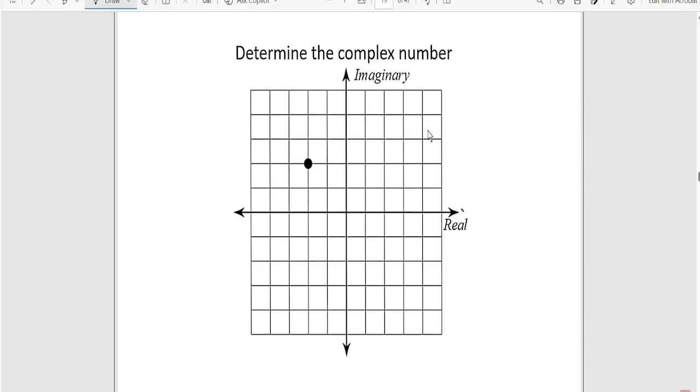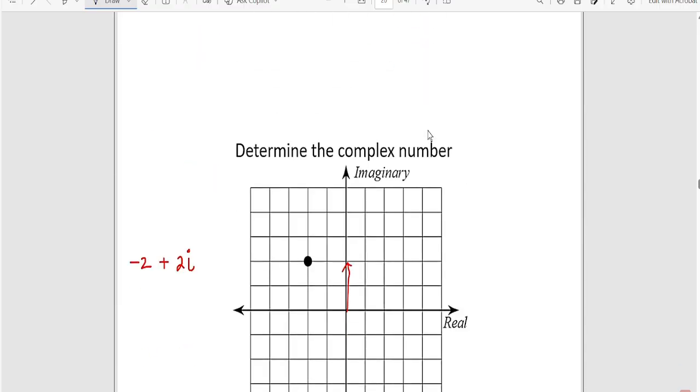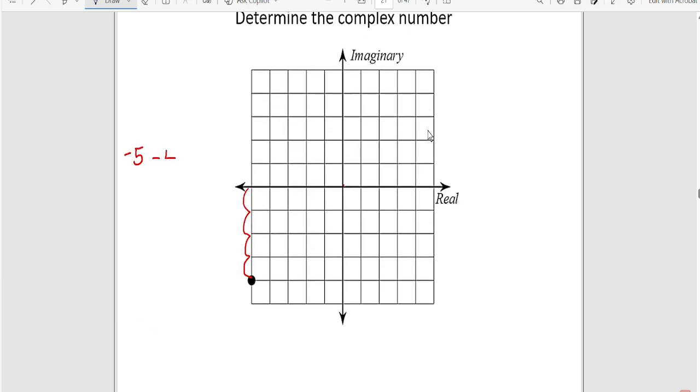Now for this, let's say we have to determine the complex number. So x is, as you can see, towards the negative real numbers. So negative 2, because it's 1, 2, plus 2i, right? Because the imaginary one is positive. So this one is negative 5 because it's going downward.